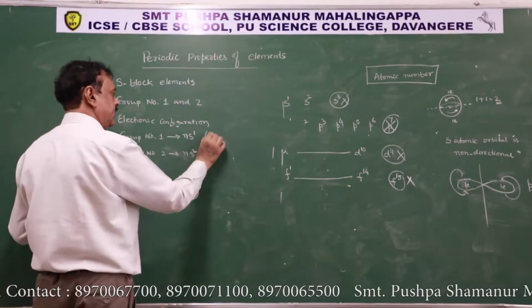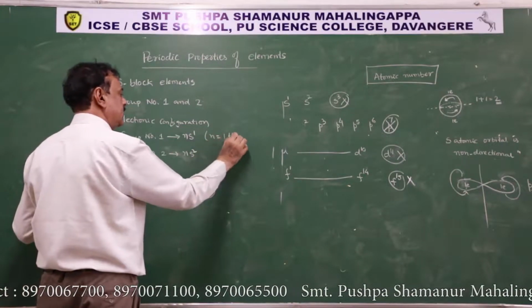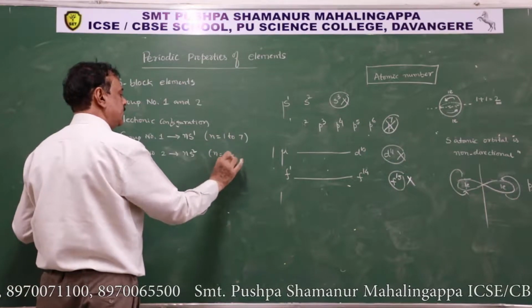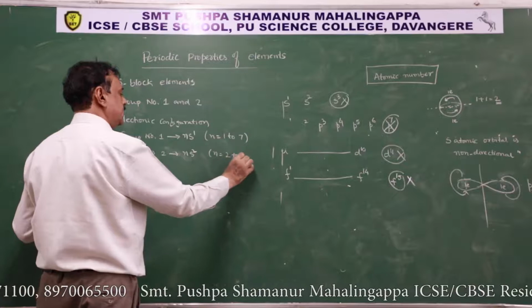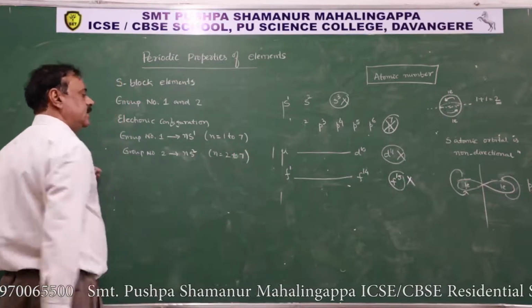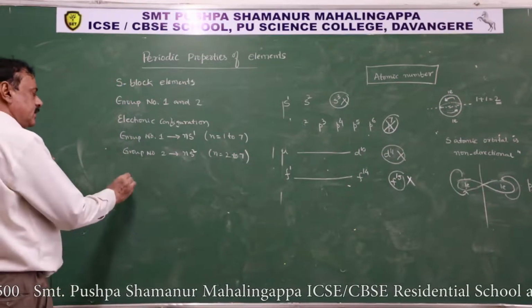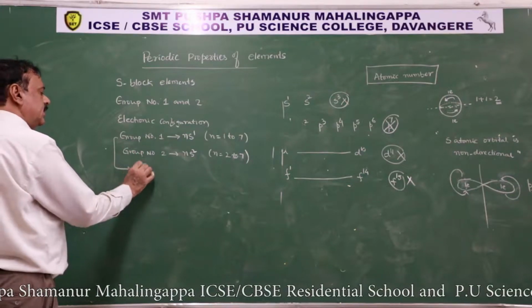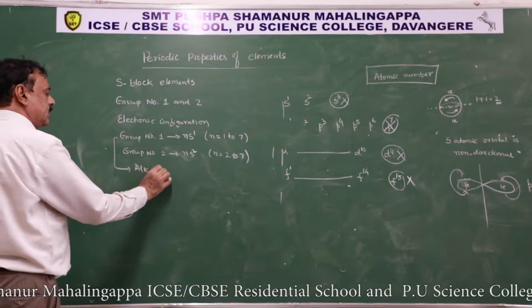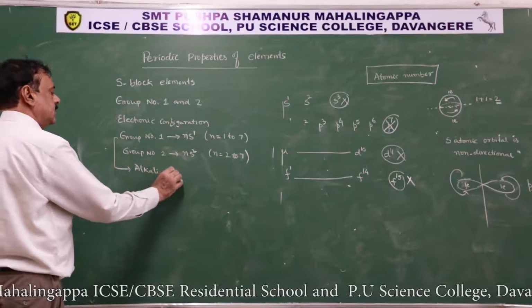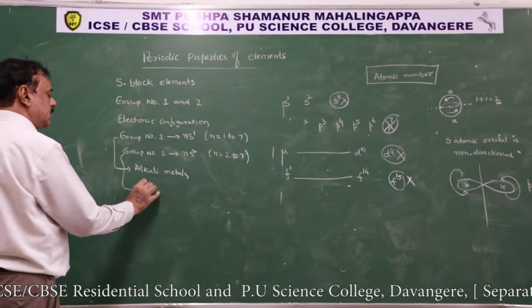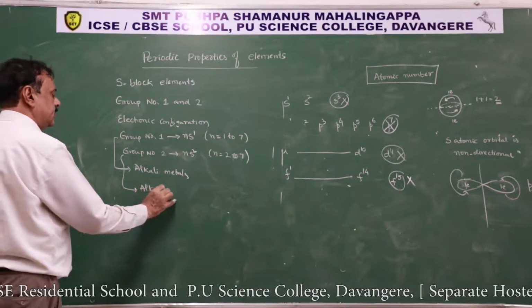Here n ranges from 2 to 7. This group number 1 elements are called alkali metals. Group number 2 elements are called alkaline earth metals.